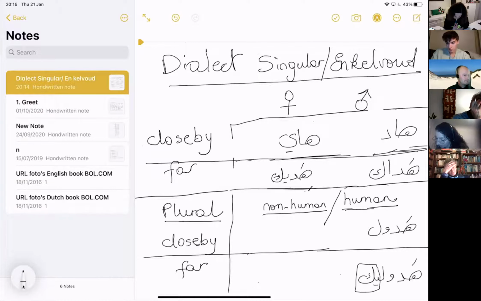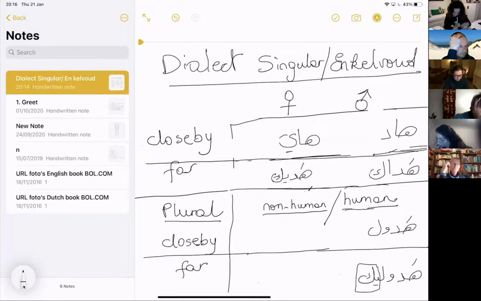In the English book, on the right bottom, you see these non-living. Oh yeah, also in the Dutch one: non-living, niet levende wezens. Okay, no. It should be non-human.